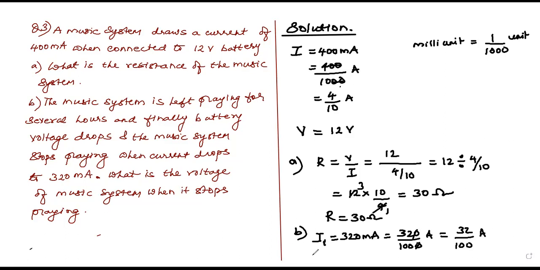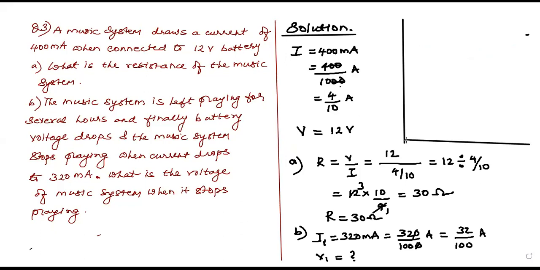I1 is so much and V1 is how much, children? It's the same question. So remember, children, such an easy one. I'm doing it on the side, just have a look here. This milli word, you understand the meaning of milli unit. I'm just completing this sum to the side.